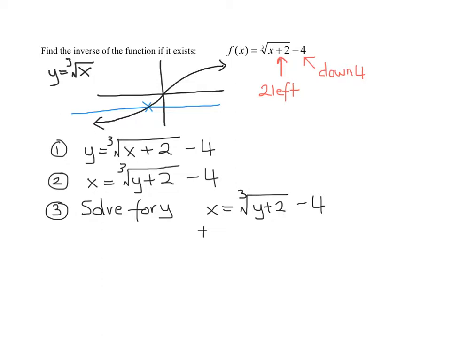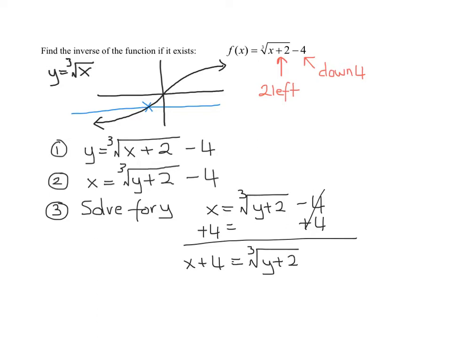So I'm going to add 4 to both sides. That will isolate my cube root. So I get x plus 4 is the cube root of y plus 2. So now I've isolated my cube root. I can now cube both sides to undo that cube root.